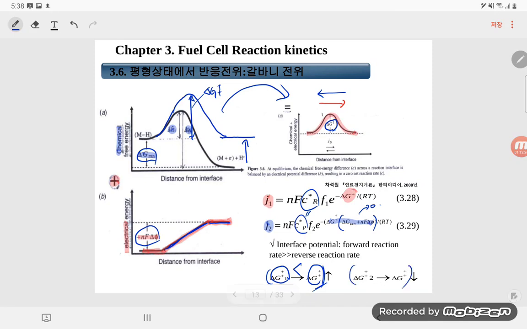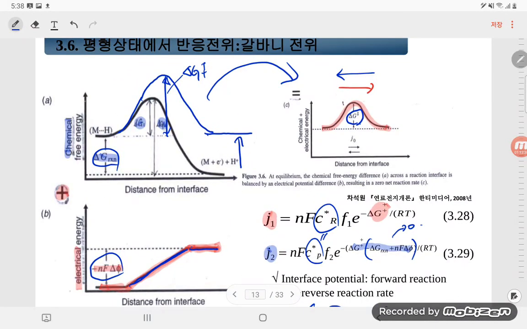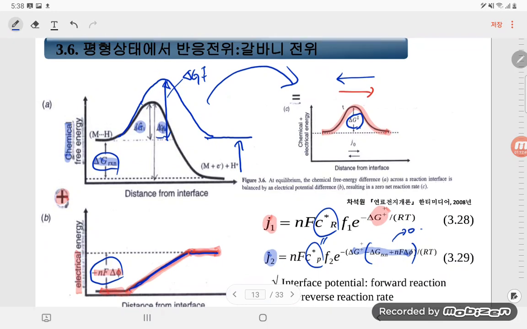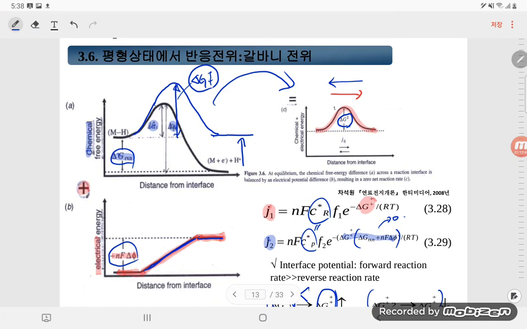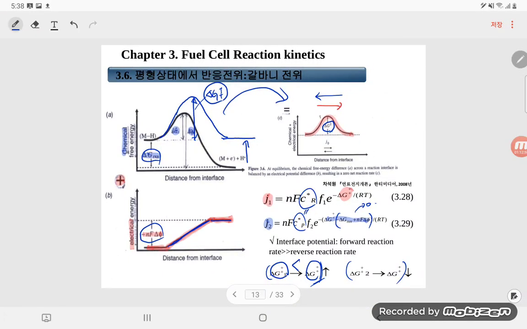Delta G2 here, this is the original one, and only this is the delta G after making it an equilibrium state. Then the delta G gets smaller. Delta G gets smaller to reach this delta G double prime.